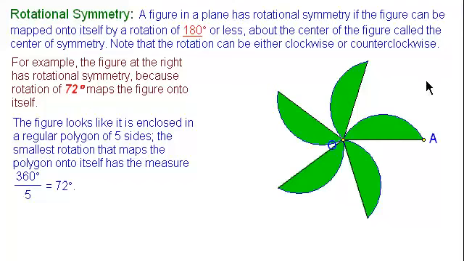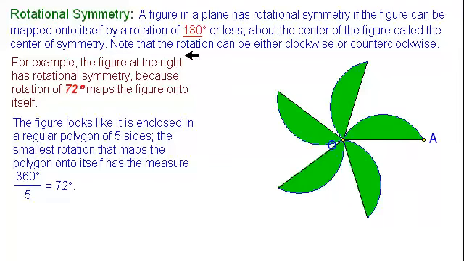The focus of this video is rotational symmetry in geometry. A figure in a plane has rotational symmetry if the figure can be mapped onto itself by a rotation of 180 degrees or less about the center of the figure, called the center of symmetry.